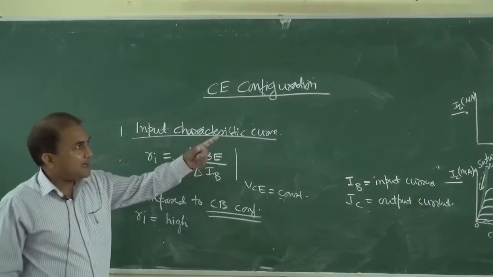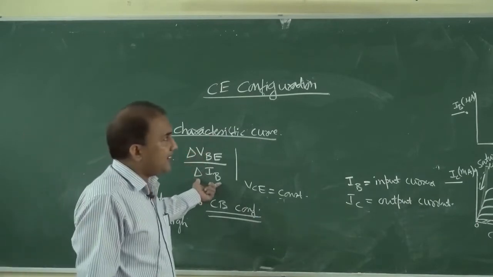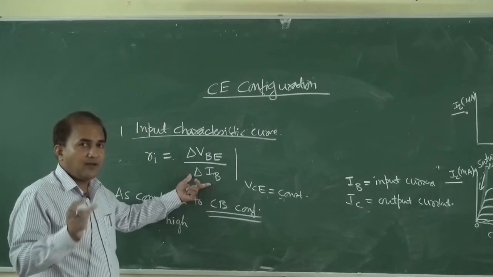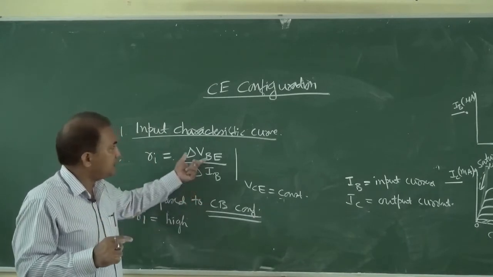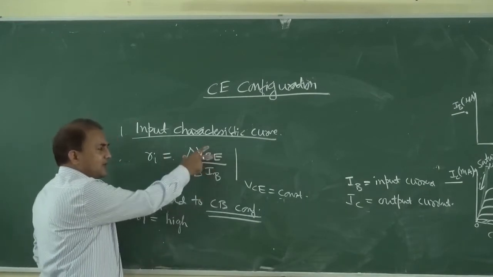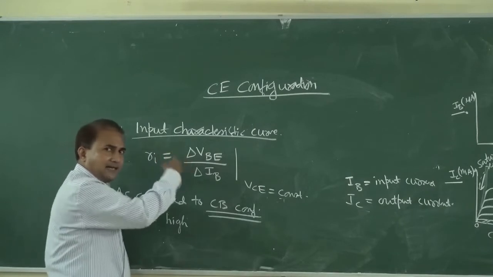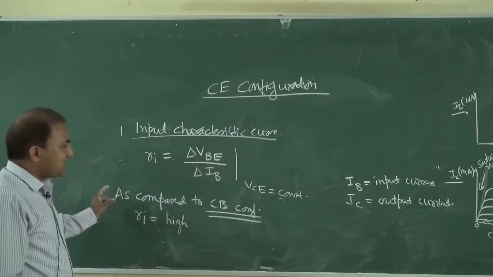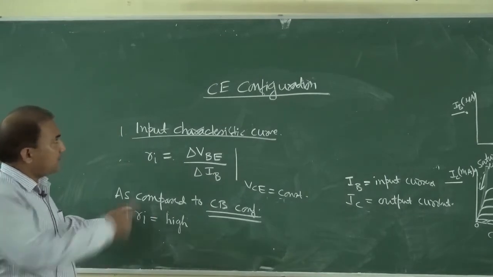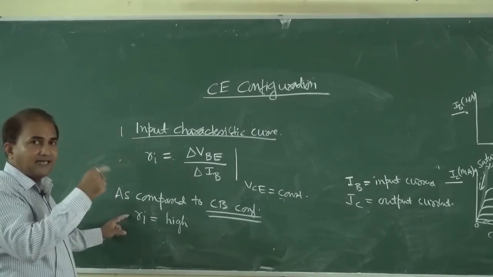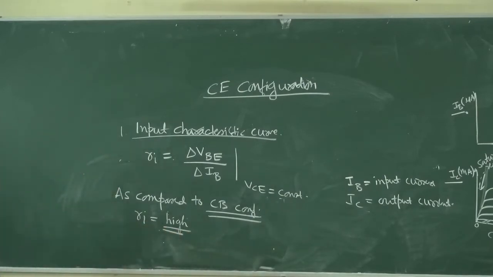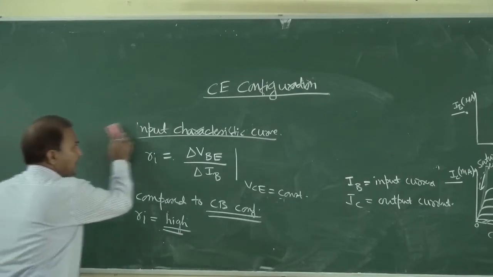Because IB is in the range of microamperes, so the change in IB will be very small with change in VBE. Here it is less, here it is more, so it will definitely be a higher quantity. So as compared to common base configuration, Ri of common emitter configuration is high. Then we will study the output characteristic.